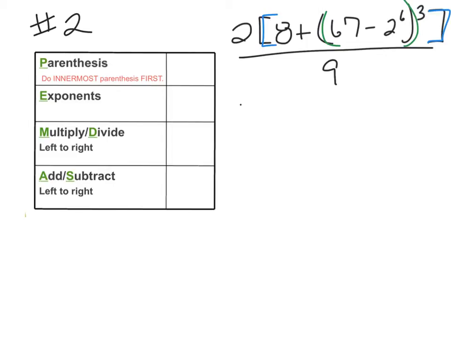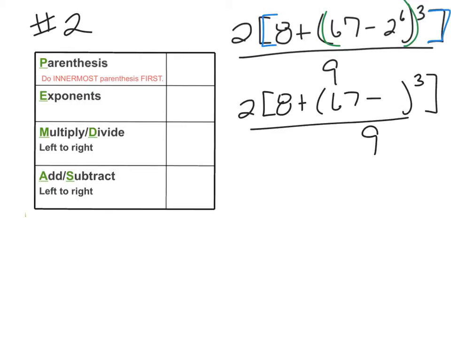So I'm going to copy everything else back down, just as I see it. Put my parentheses here. 67 minus, now I have 2 to the 6th power, raised to the 3rd, over 9. So I'm going to do this 2 to the 6th power, because I must solve that to solve what's inside the parentheses. As you can see, I solved that, and it's 64 to the 8, plus, now this became a 3.